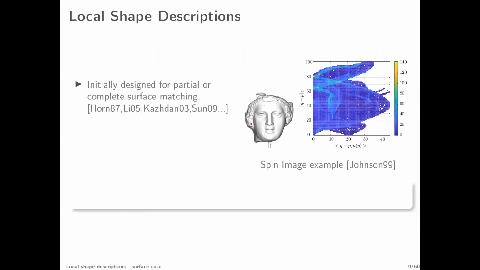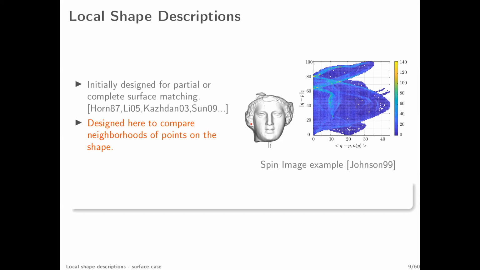Local shape description is something that has been known for a very, very long time. It was designed in the beginning for partial or complete surface matching. Like you have two scans of the same object and you want to merge them to compute the full surface. There is a wide literature on how you can compute descriptions.